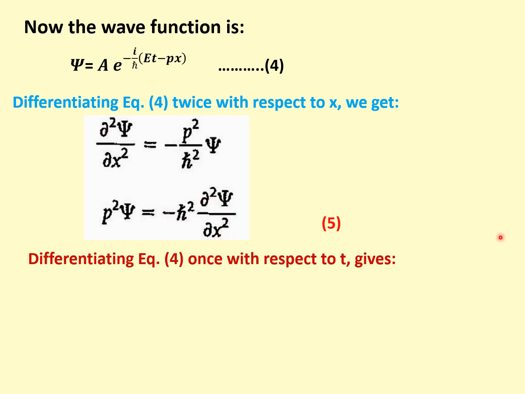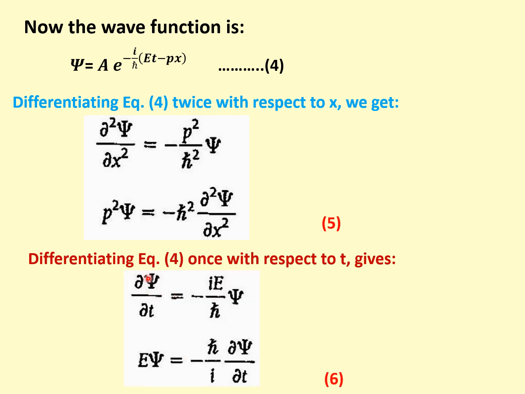Again, if we differentiate this equation with respect to t once, we get delta psi by delta t. This time we have to differentiate with respect to t. So again it will be a e raised to power minus i by h bar, Et minus px, into the differentiation of the exponent. Et gives E, and px gives 0 because in partial differentiation with respect to t, x gives 0.